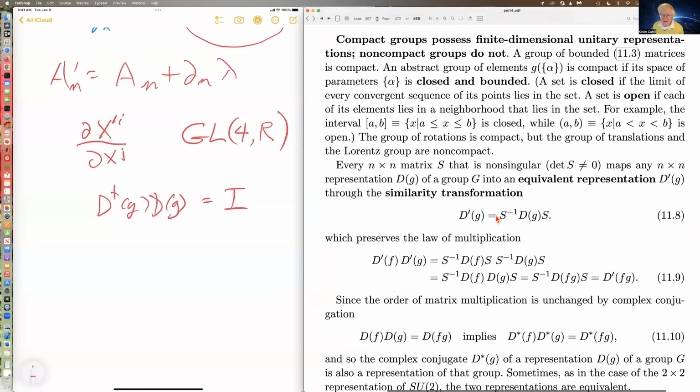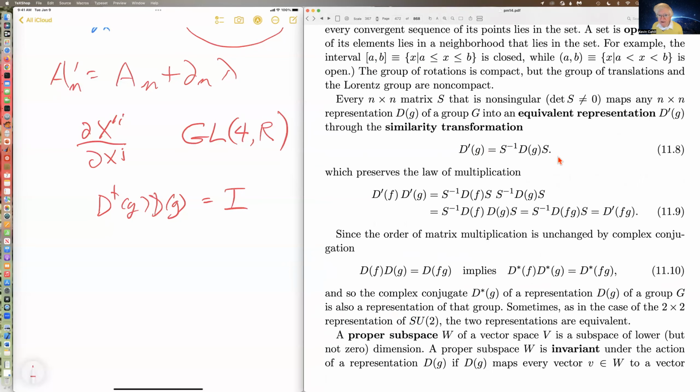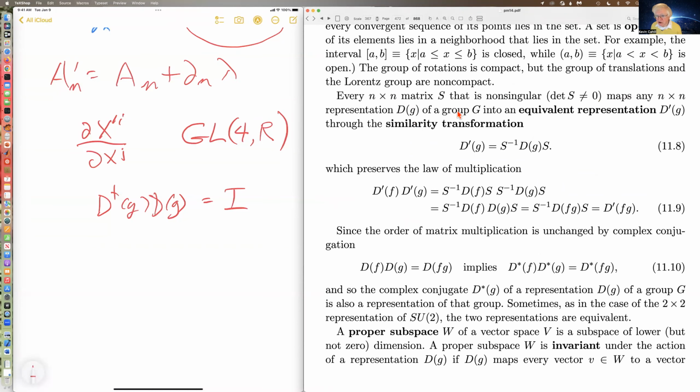All right, one thing that's also important here is that every n by n matrix S that is non-singular, that is to say has a non-zero determinant, will map every representation of a group into an equivalent representation.